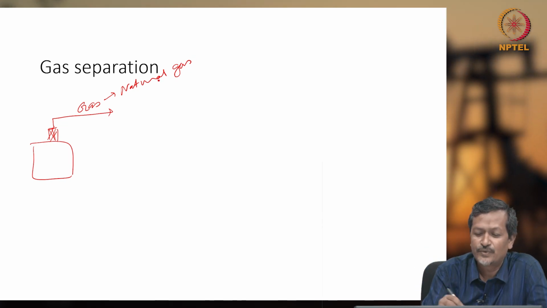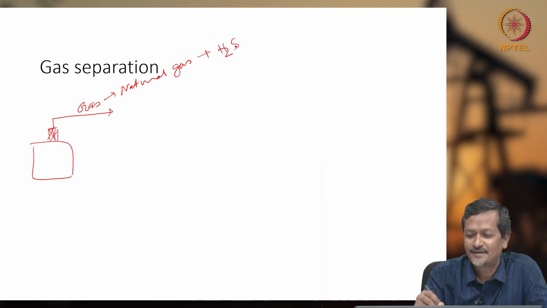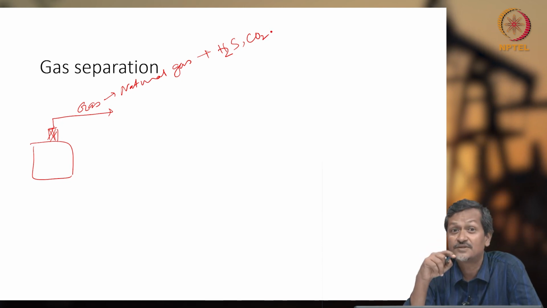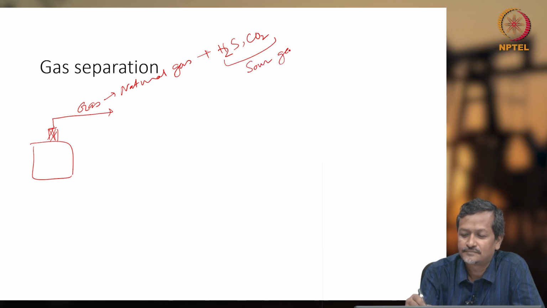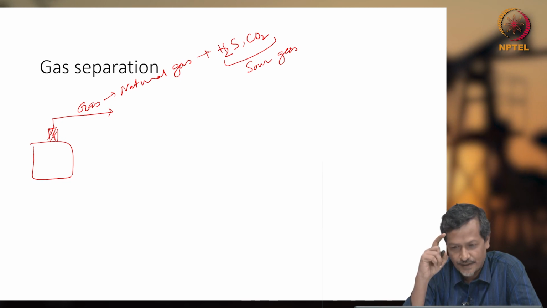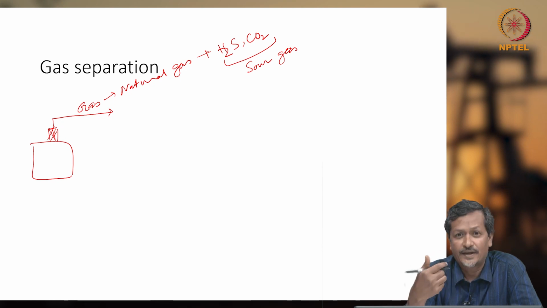Then natural gas will contain further your enemies, H2S and CO2. If H2S and CO2 are there in the natural gas, it is called sour gas. And if you can remove the whole H2S and carbon dioxide part, then we can call it sweet gas.